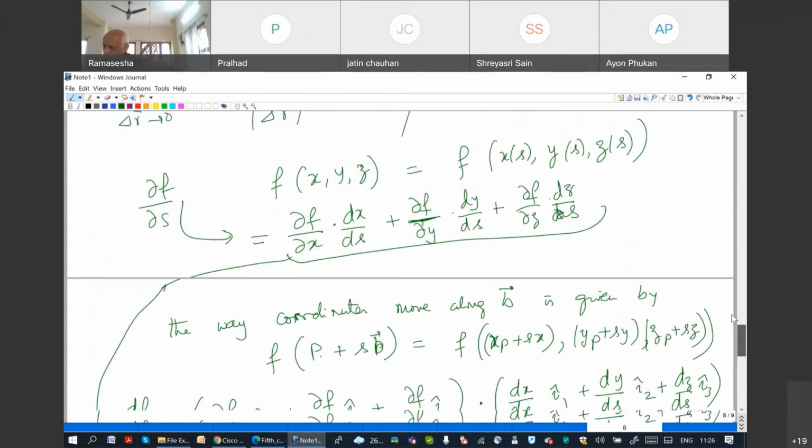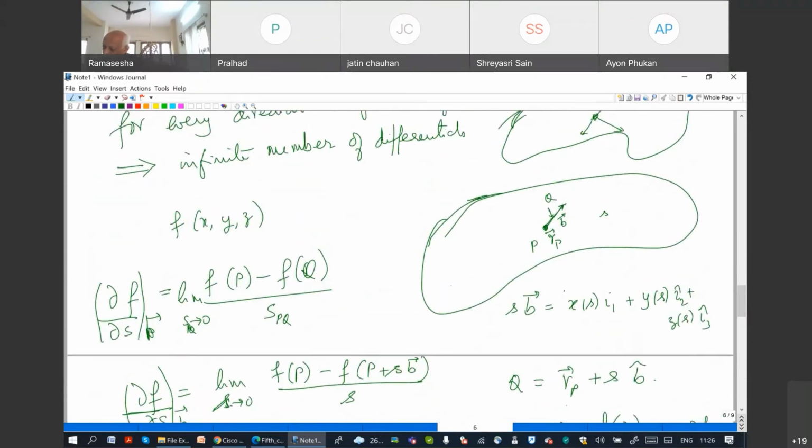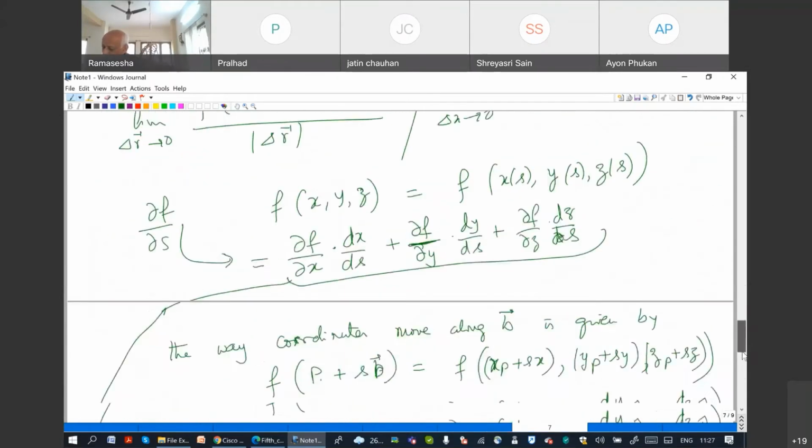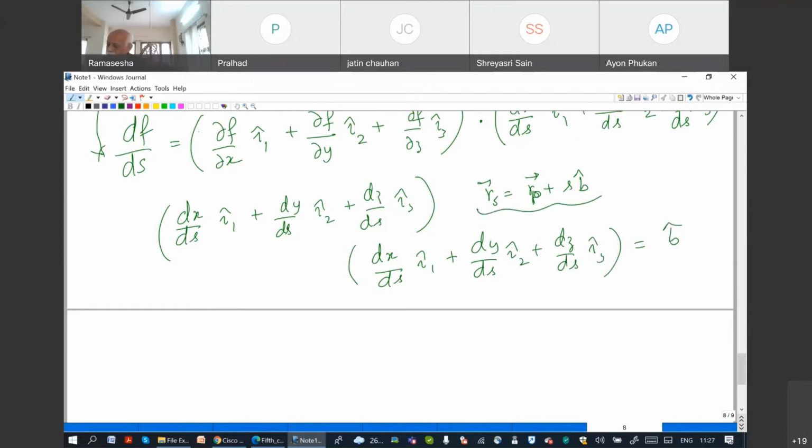If you are going along this path, then you are just multiplying the vector B by a constant s and then adding it, right? So what does it mean? It means that dx by ds i1 plus dy by ds i2 plus dz by ds i3 is actually equal to B, because when you differentiate with respect to s, it's linear in s, so s goes away and what you get is B.